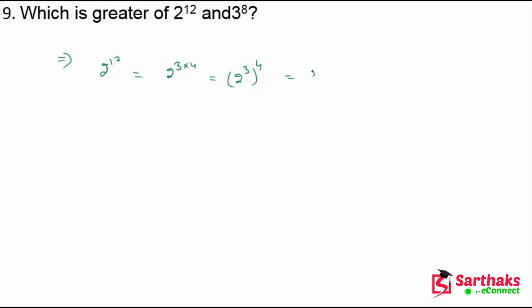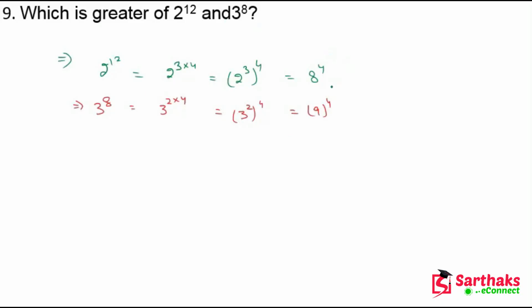So this will be 8 raised to power 4. And we can write 3 raised to power 8 as 3 raised to power 2 into 4, so this will become 3 raised to power 2 and whole raised to power 4. And 3 square is 9, so 9 raised to power 4.